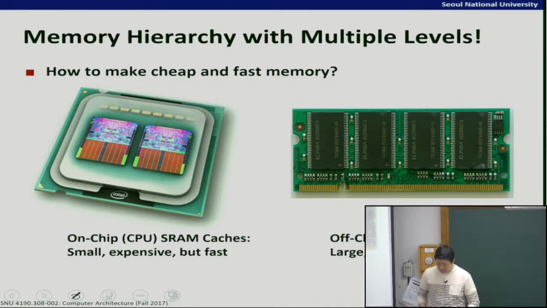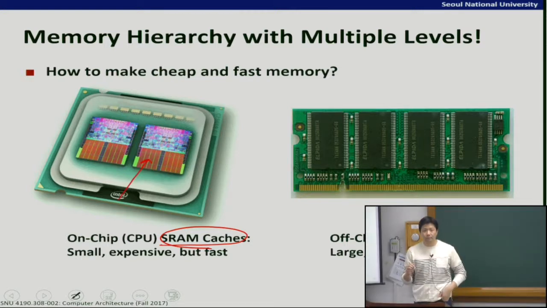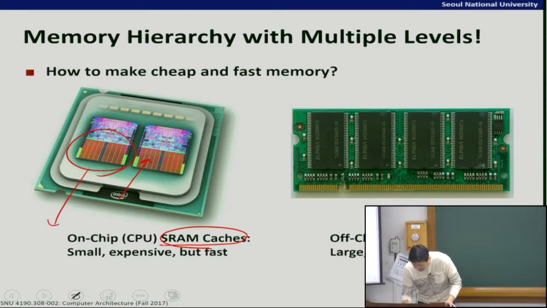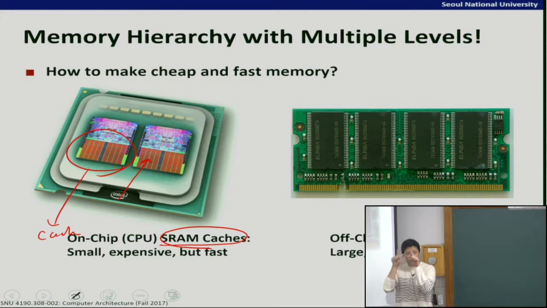So we place a small piece of memory called SRAM cache on the same die as the CPU. In the CPU chip, we place a small array of SRAM, which is called cache. If you see in the figure, there is a very regular structure in part of the chip, right?